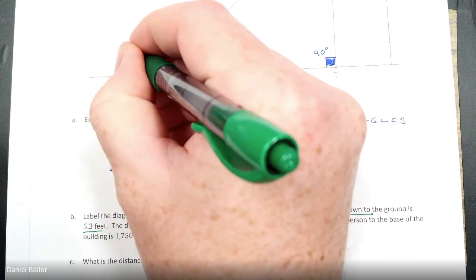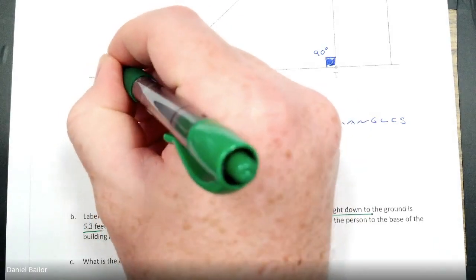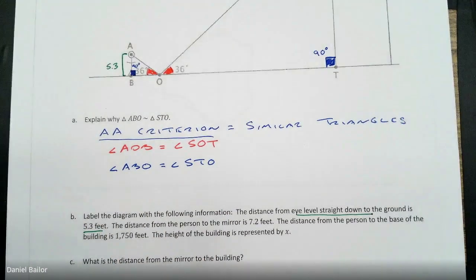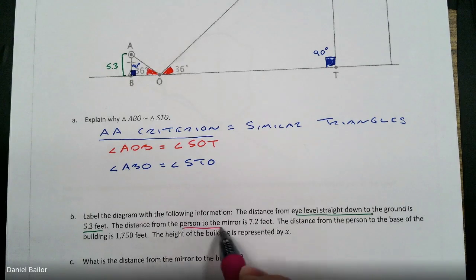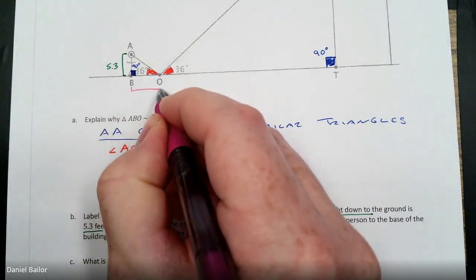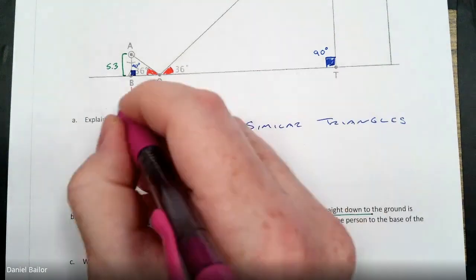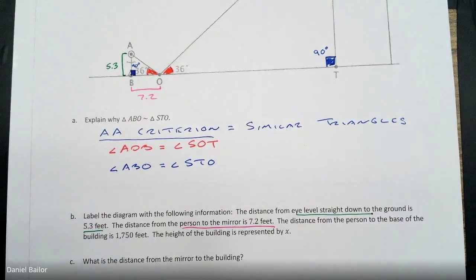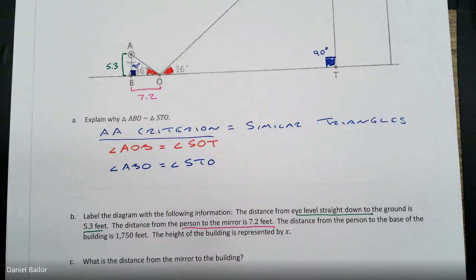Your eyes straight down is 5.3. And then the distance from the person to the mirror is 7.2. So right here, BO is 7.2.